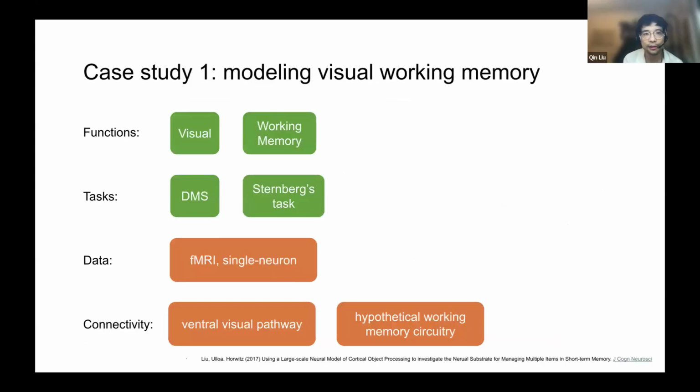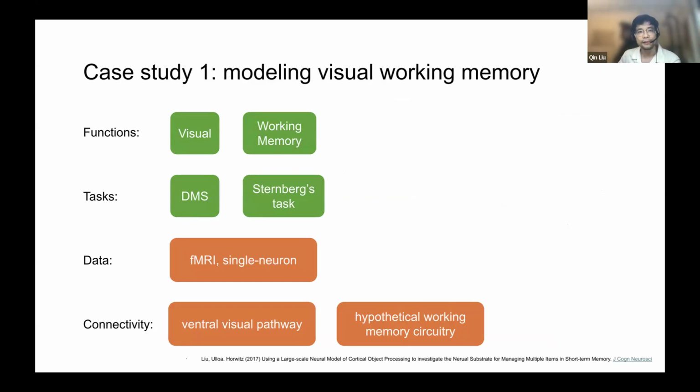And here I'd like to use some of my own published works as case studies. So here is a study I published many years ago about modeling visual working memory. First of all, let's dissect this study using the pipeline I just discussed.